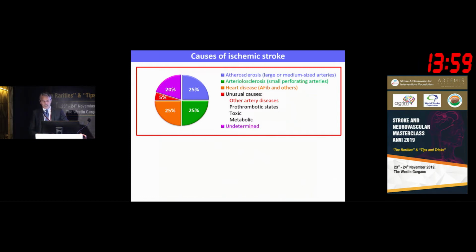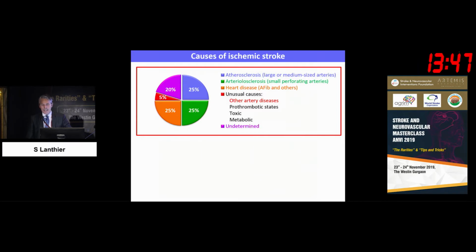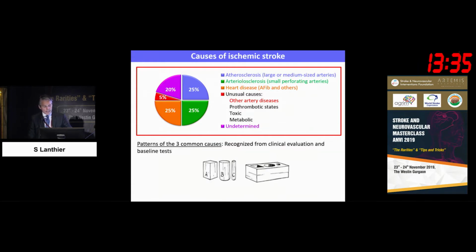Unusual causes are responsible for only 5% of strokes, and this includes other artery diseases. After investigation, stroke remains unexplained in 20% of patients. So of the 80% of patients with a diagnosis, 3 causes explain 75%. It's important to remember, and that is part of the rationale that I will discuss.